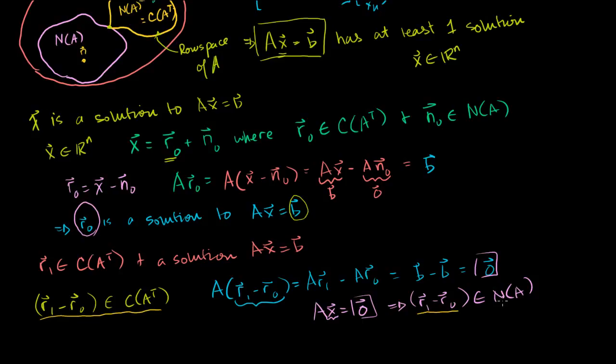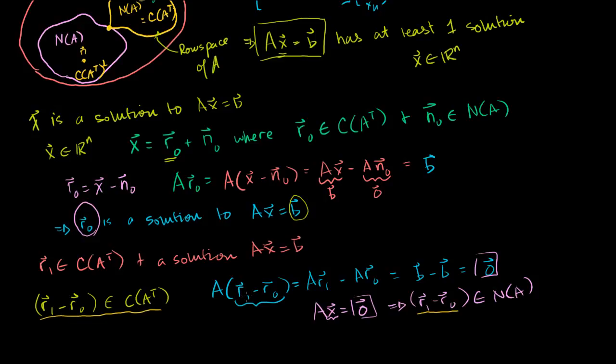And we've seen this several times already. If I have a vector that is in a subspace, and it's also in the orthogonal complement of the subspace, right? The null space is also the orthogonal complement of the row space. Then the only possible vector that can be is the 0 vector. That's the only vector that's inside of a subspace and its orthogonal complement.